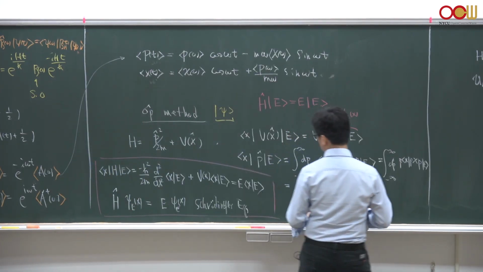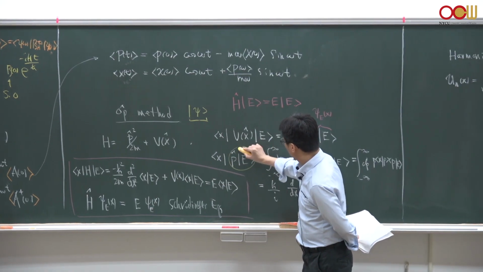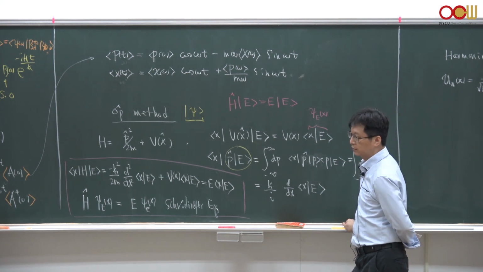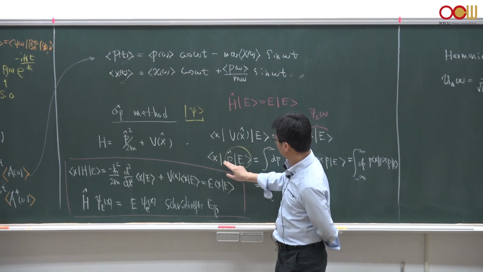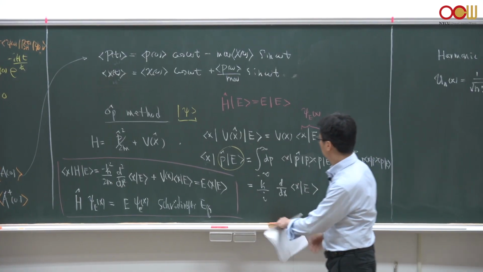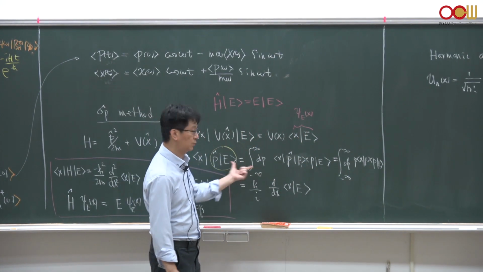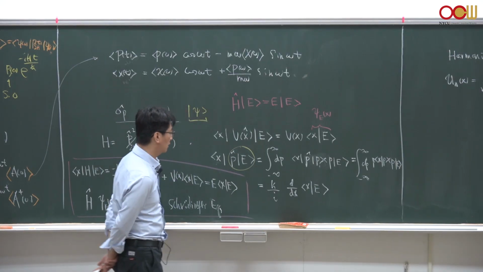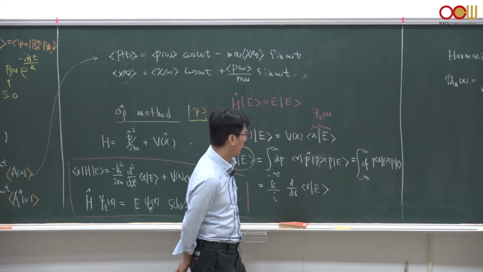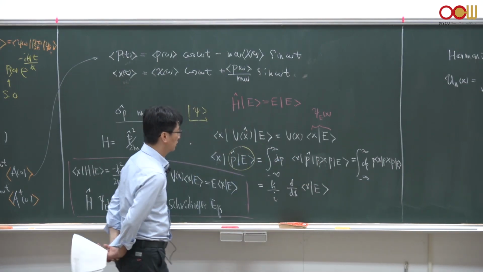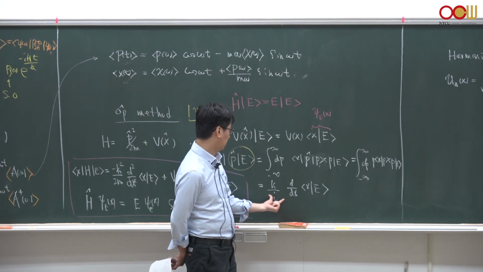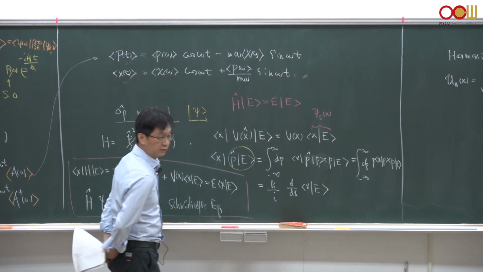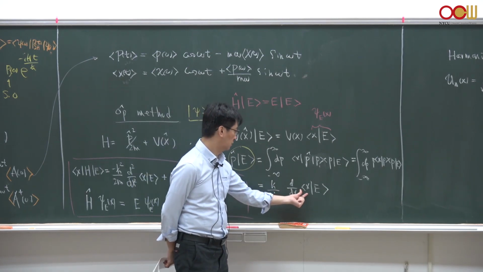Likewise, we could project this kind of operation where we use this momentum operator and operate it onto the energy eigenstate E, and we simply project this onto this position eigenbasis, and we could again play the same game that we did before: we insert this unit matrix by expanding it in terms of the momentum eigenbasis with the integral over dp, and then we could rewrite this in terms of the momentum operator, which is h bar over i d by dx, times this projection between this eigenstate ket and this position eigenbasis bra state.